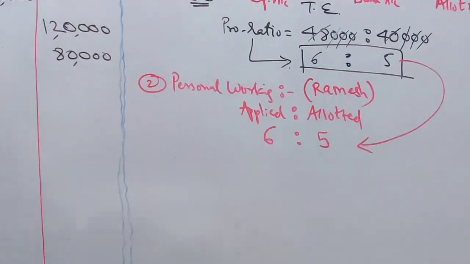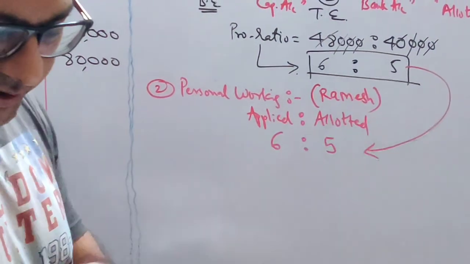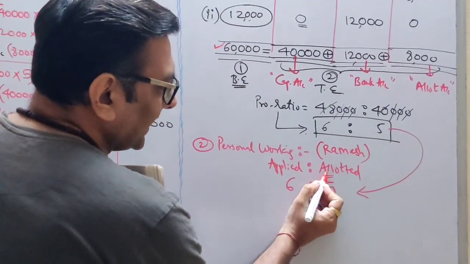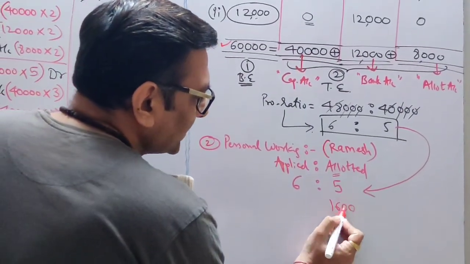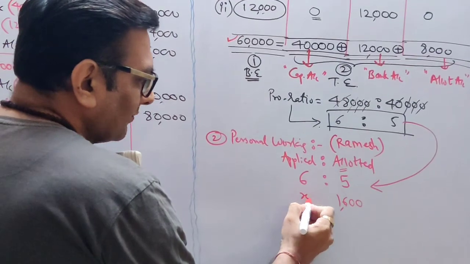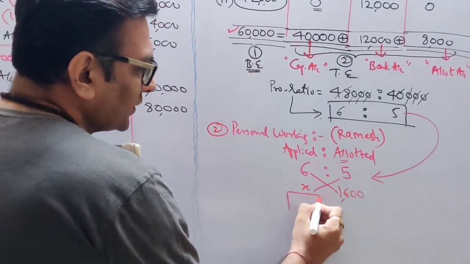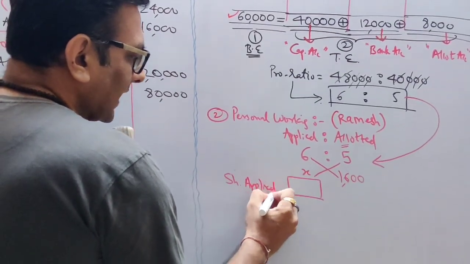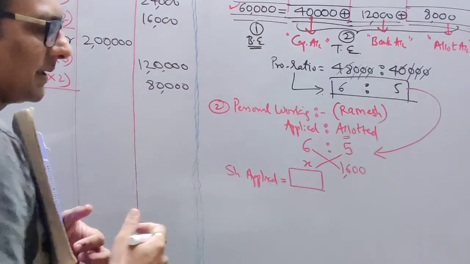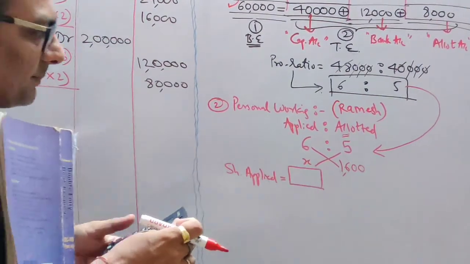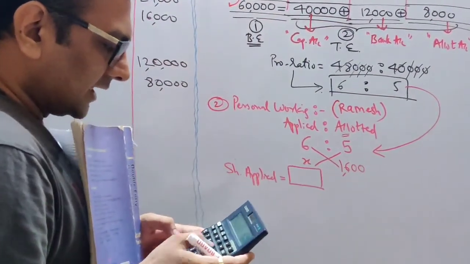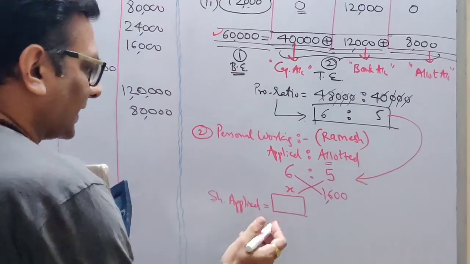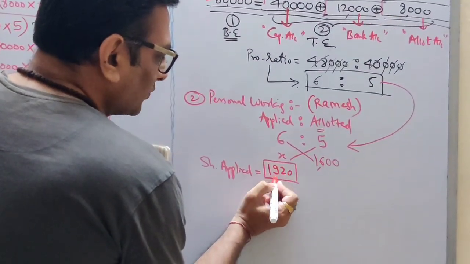Now let's check the question again. How many shares were allotted to Ramesh? 1600 shares. So you will write 1600 below allotted, and you will have to find out how many shares he applied for. You get the shares applied by cross multiplying: 1600 into 6 divided by 5, you get the answer 1920.